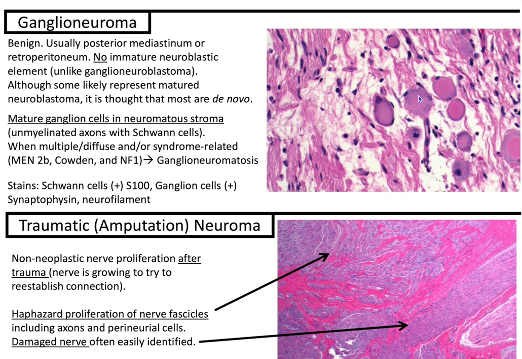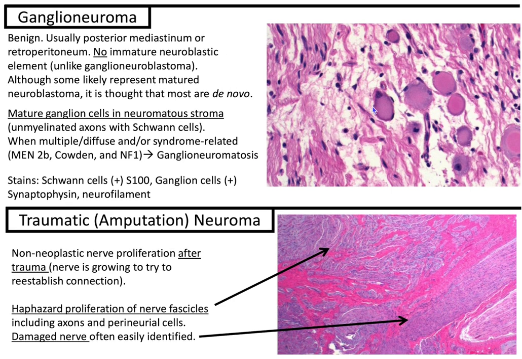When multiple or diffuse, think of MEN2B, Cowden, NF1, and you can have ganglioneuromatosis. Stain-wise, the Schwann cells will be S100 positive, and ganglion cells will be positive for synaptophysin and neurofilament.